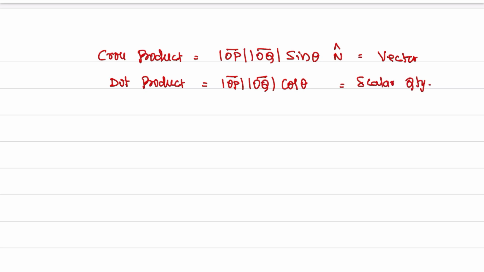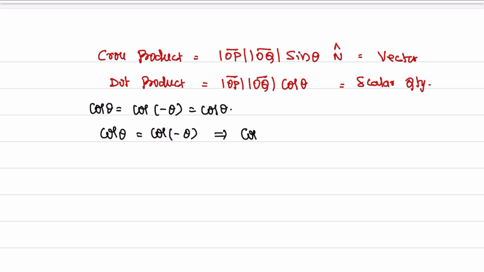Why is it a scalar quantity? Why is it a vector quantity? I will give the explanation now. Cos theta is equal to cos minus theta. That means irrespective of the angle, whether it is positive or negative, cos theta is equal to cos minus theta.